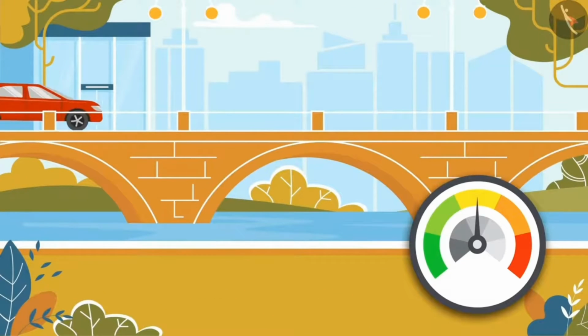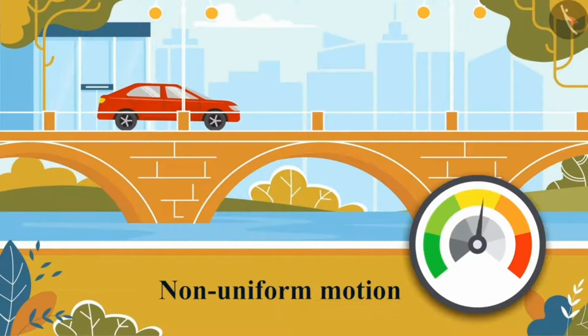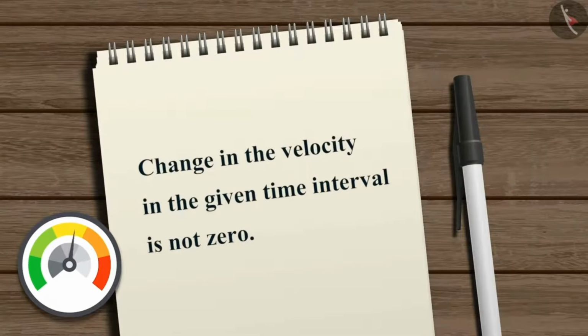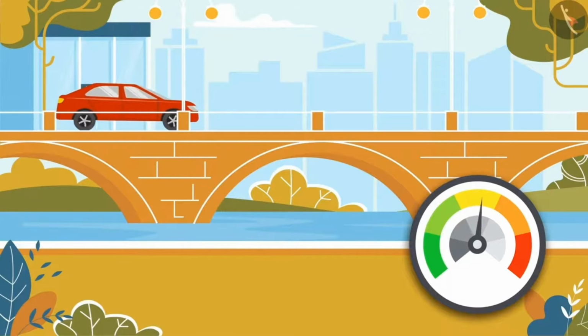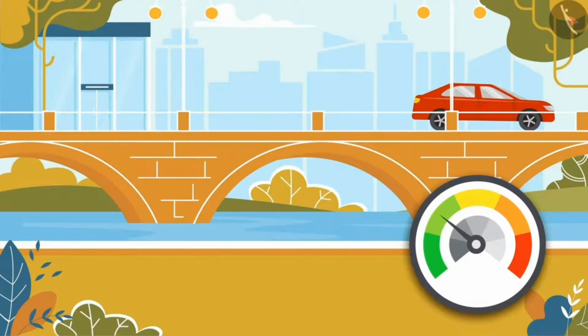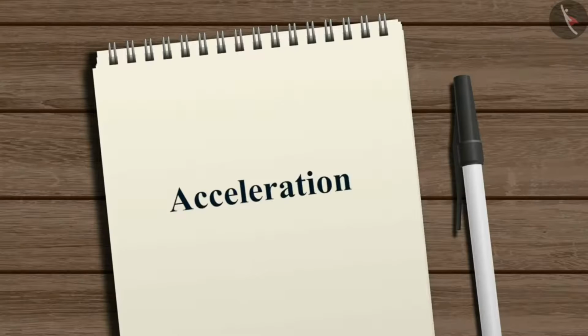Now, consider if the motion of the car is non-uniform and so its velocity varies with time. Thus, the change in the velocity in the given time interval is not 0. To represent this rate of change of velocity, here comes another physical quantity which is known as acceleration.